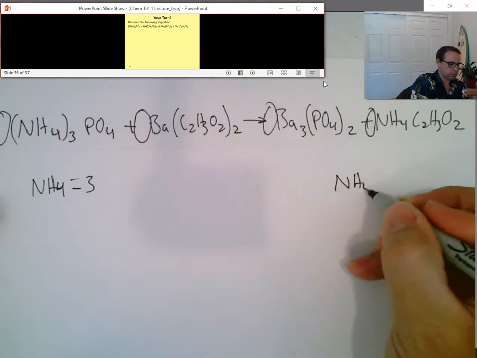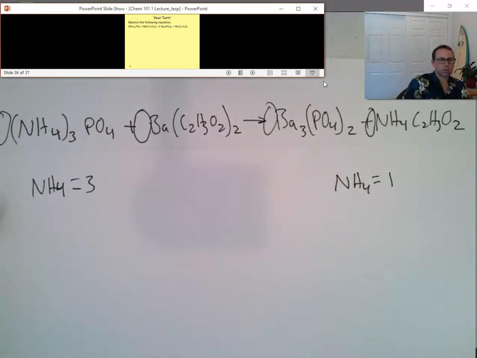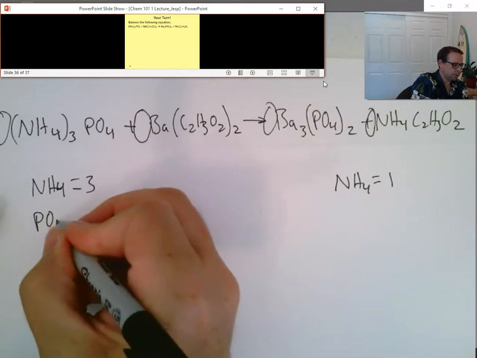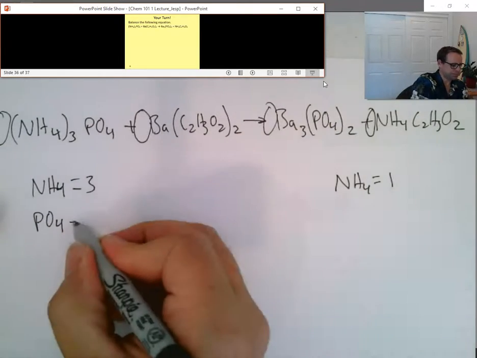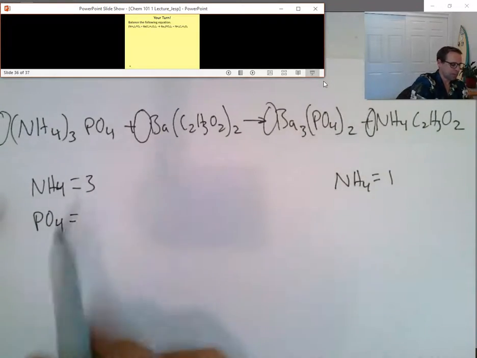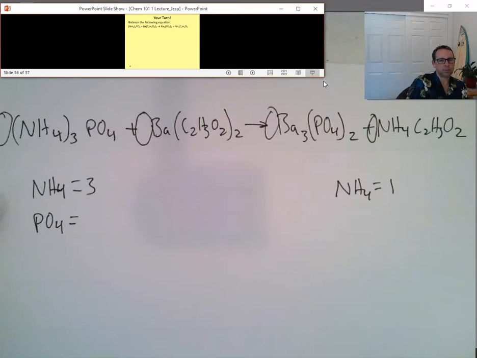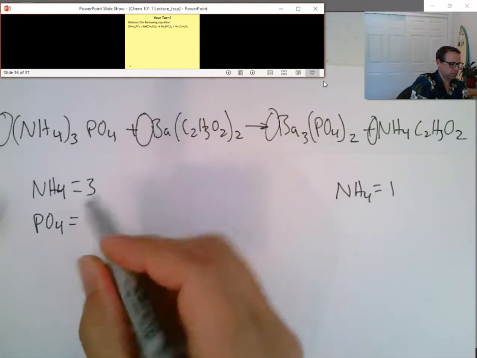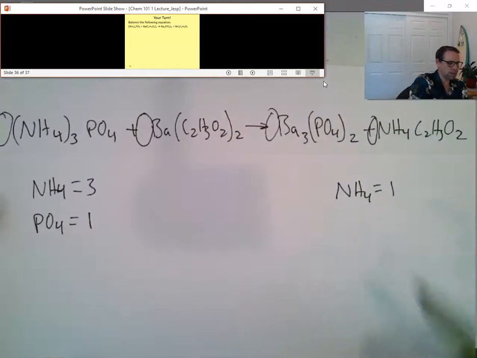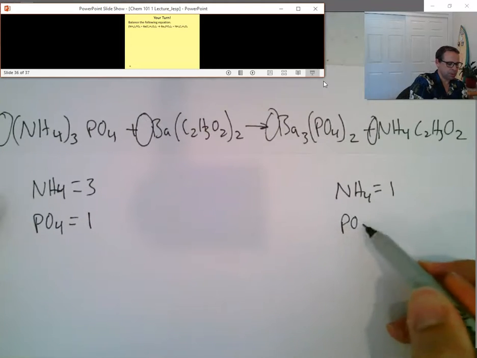We have 1. Good. See, that's going to make things simpler. What other clusters do you see? PO4. Yep. How many on the left? 1. And on the right? 2. Very good.